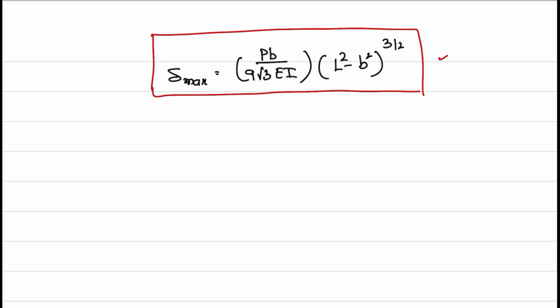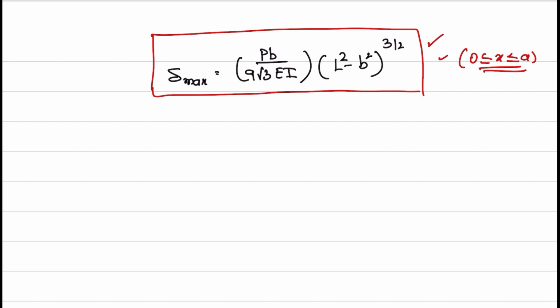This is the final formula where it is in the first segment, not under the point load, and it is at the first segment, between first support and the point load, that the maximum deflection takes place. In this portion the maximum deflection takes place. That maximum deflection value is this.